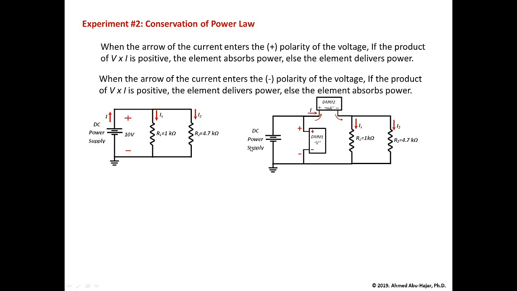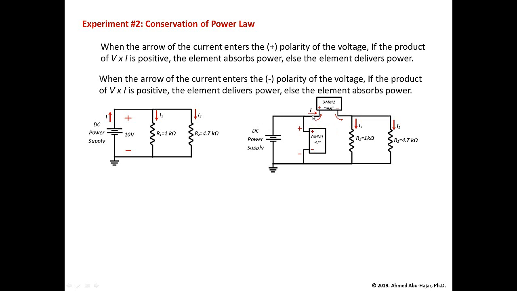So you break the power supply from the circuit by removing the connection of one side of it, and then you connect the DMM between the power supply and the rest of the circuit. This way the current that comes from the power supply will go into the DMM.